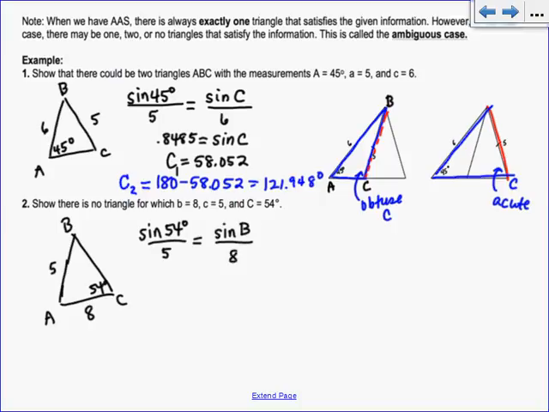And you multiply that, so you do the sine of 54 divided by 5, and then times that 8, multiply it over. So you get sine of B is equal to 1.2944. So when you try to do inverse sine, that doesn't work. Okay, because you can't have sine bigger than 1. Okay, so this one's no solution.